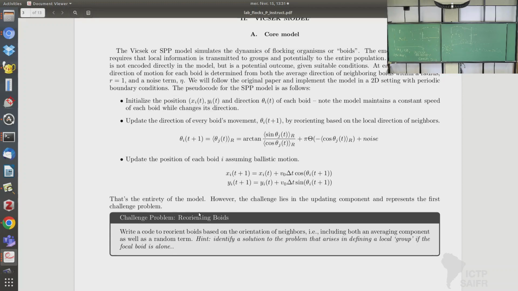So, when we're calculating the new direction, we're going to use the mean of the sine of the neighborhood, but does the neighborhood include the bird itself, or not? You can do both things.